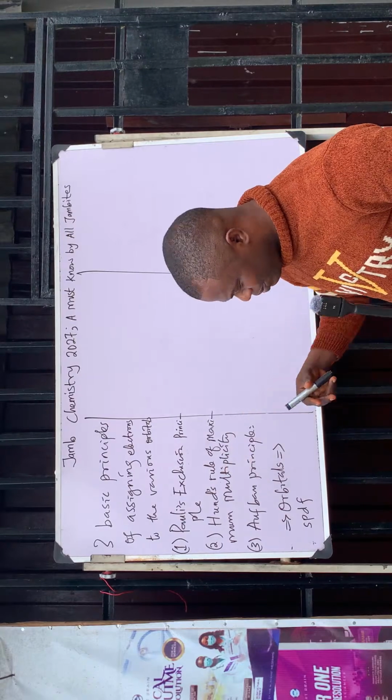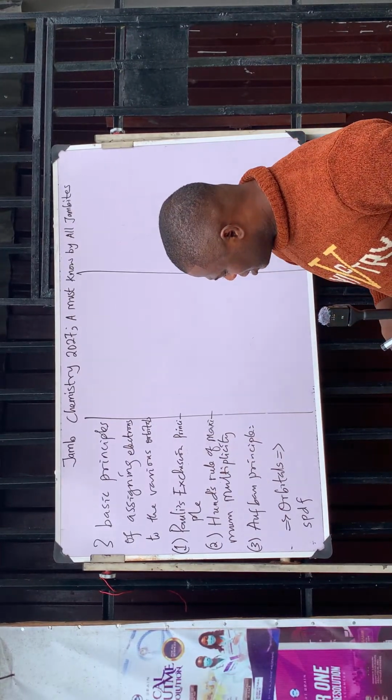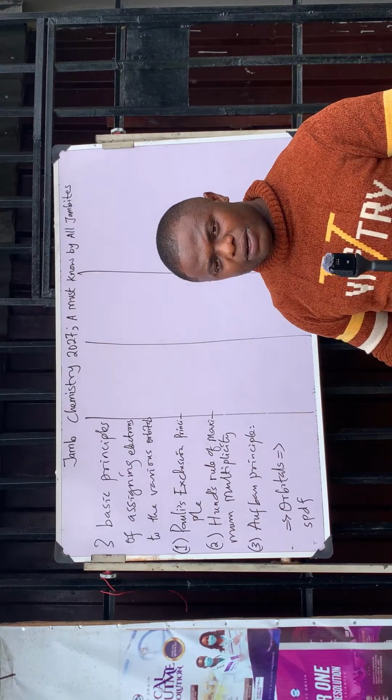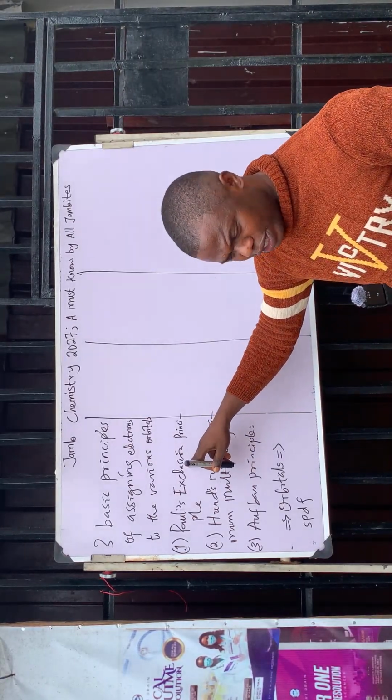But before we go to the principles of assigning electrons to the various orbitals, there is basic information you need to have about these orbitals. We'll talk more on that.